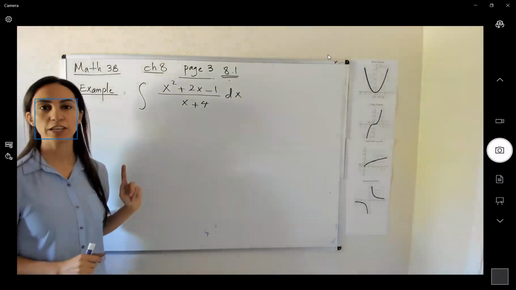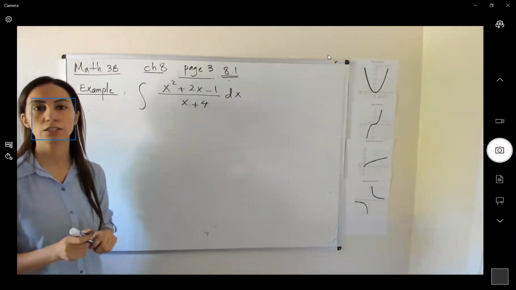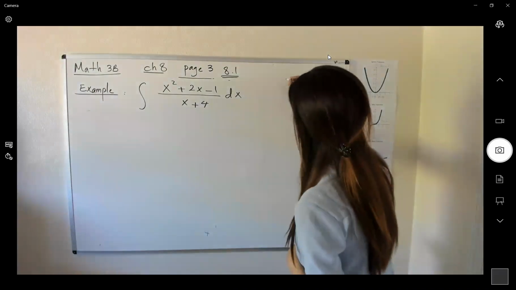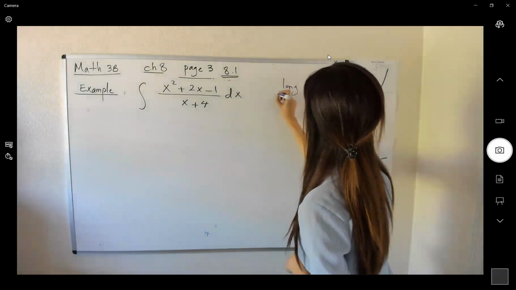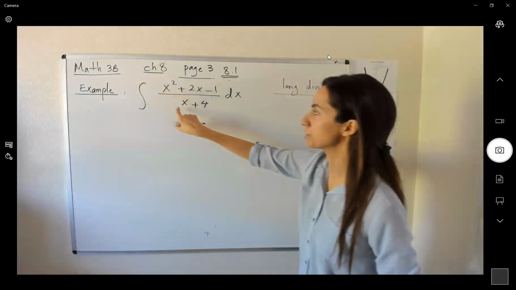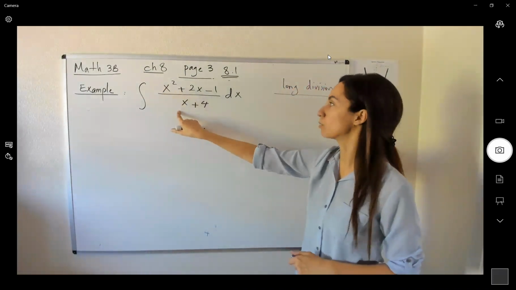To find this integral, first do the long division. Why is that? Because the degree of the numerator is greater than the degree of the denominator.